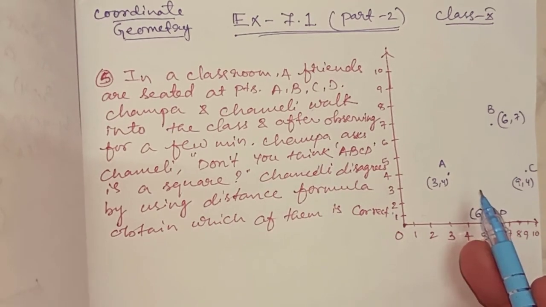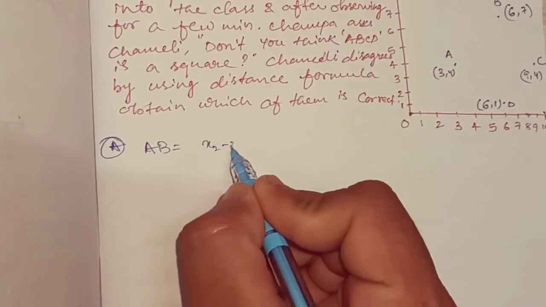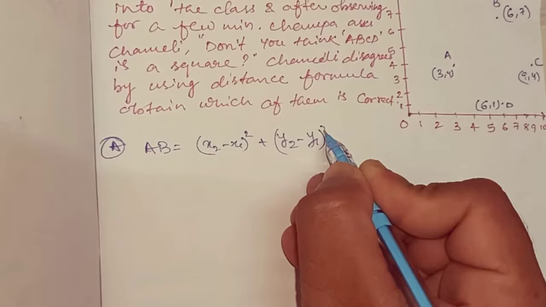First of all, I will find the distance AB. The distance is the square root of (x2 minus x1) whole square plus (y2 minus y1) whole square.